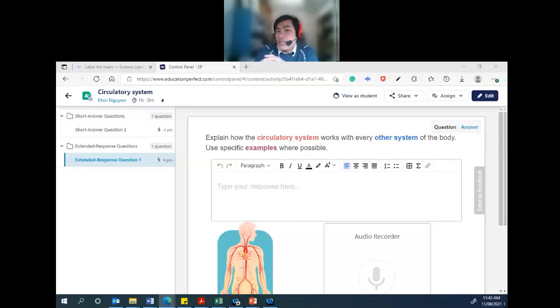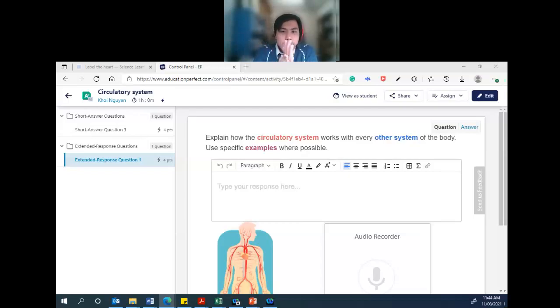I need you to be more specific there, Ethan. Caitlin says the skeletal system, since blood is created from bone marrow. Yes, that is a specific answer. So yes, the skeletal system works with the circulatory system because the bone marrow supplies our blood supply.